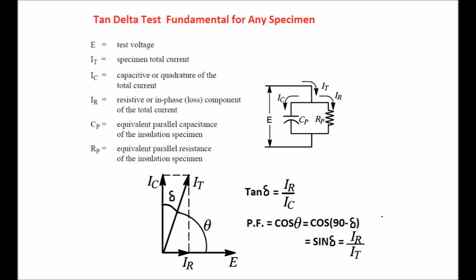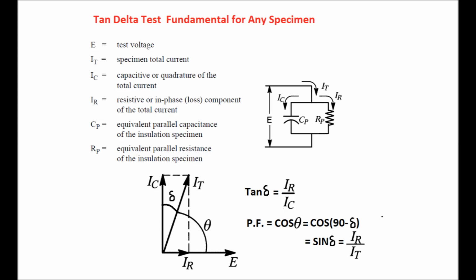Before discussing the three methods of the tan delta test, let us discuss the fundamentals of the tan delta test for any specimen. Any specimen can be represented as a capacitor in parallel with a resistor.